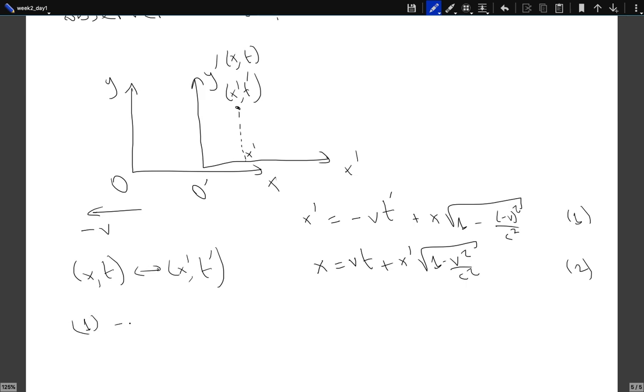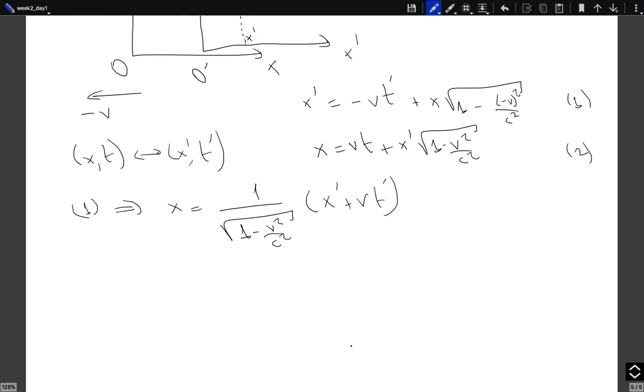The first equation tells me that x is equal to 1 over the square root of 1 minus v squared over c squared times x prime plus vt prime. Let's go to the second equation, and from it I will solve for t.